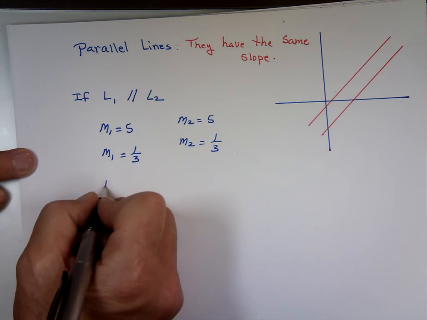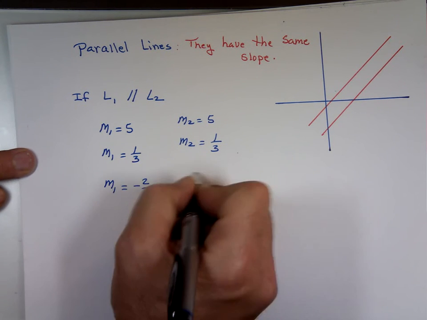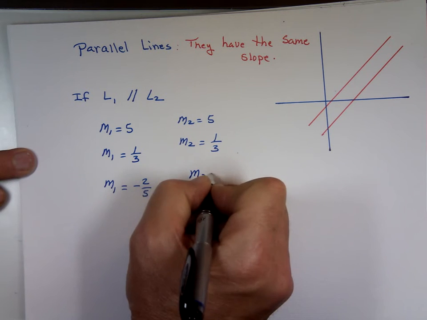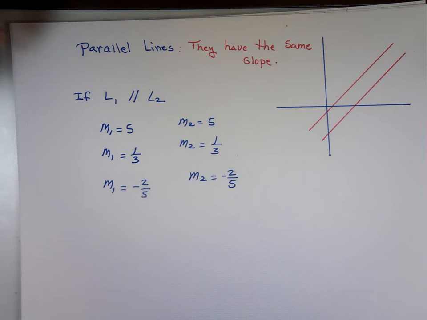If M1 equals negative 2/5, then M2 will be what? Negative 2/5. They have the same slope. So parallel lines have the same slope.